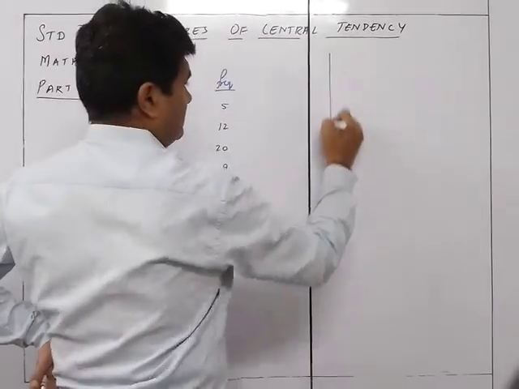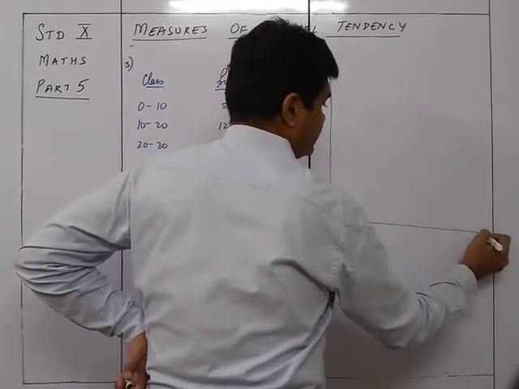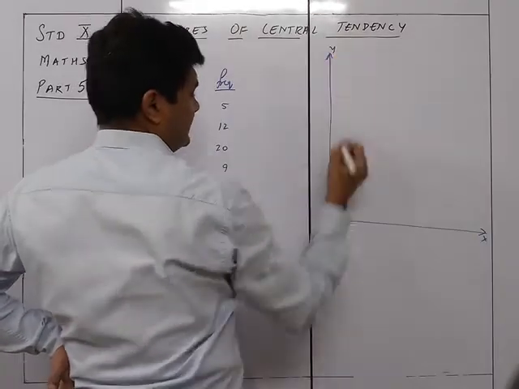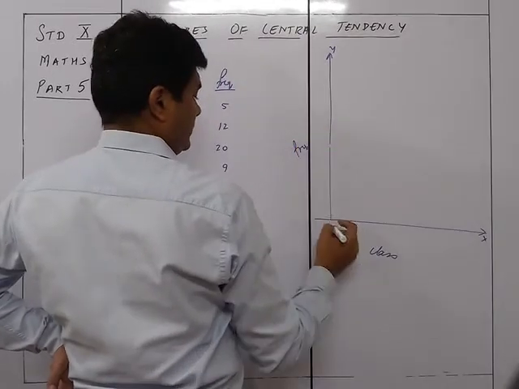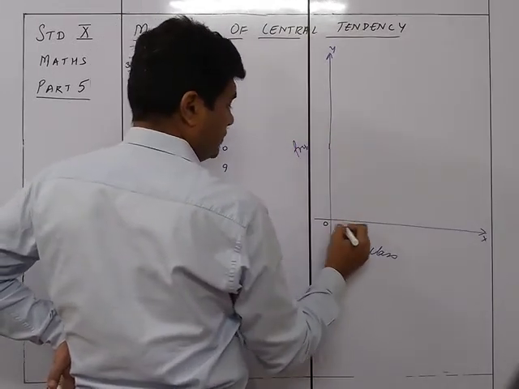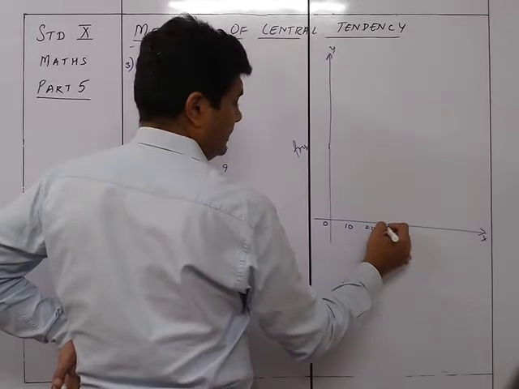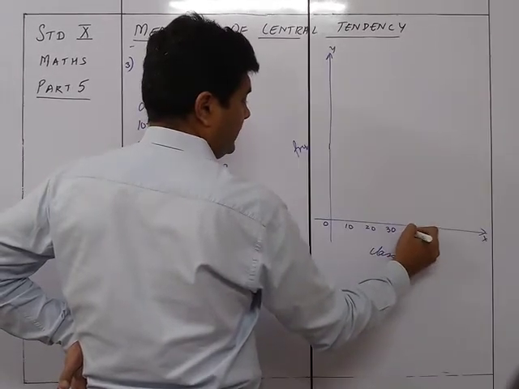So that's the table, and this is the x and y axis, this is the class, this is the frequency. Here you get 0, 10, 20, 30, 40, 50.